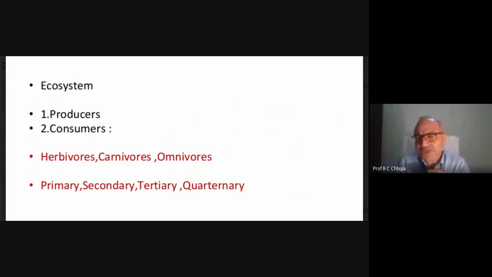How is food manufactured? From simple carbon dioxide around us and water, and minerals from the soil, various nutrients, available to the roots of the plant. In agriculture, plants are grown where water is essential, minerals are essential, and carbon.